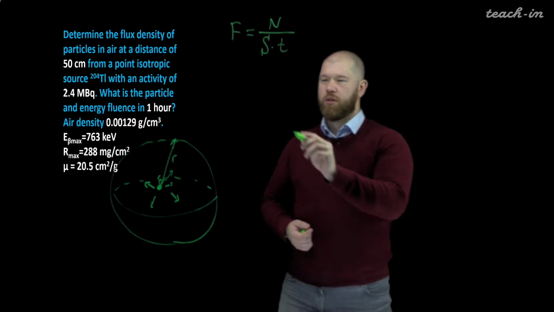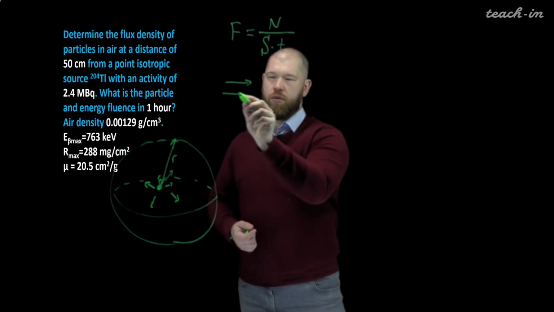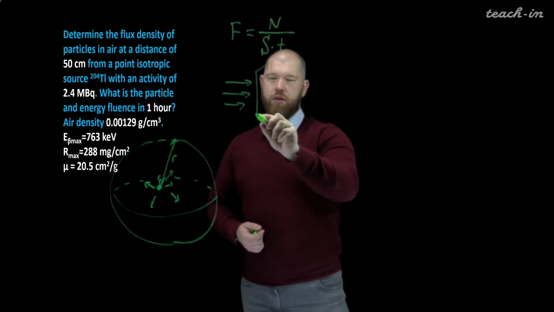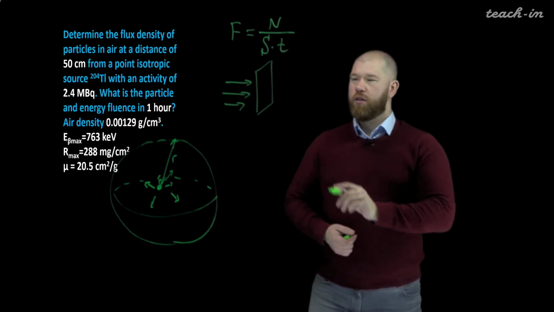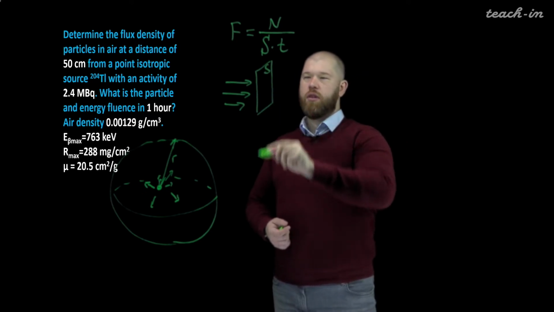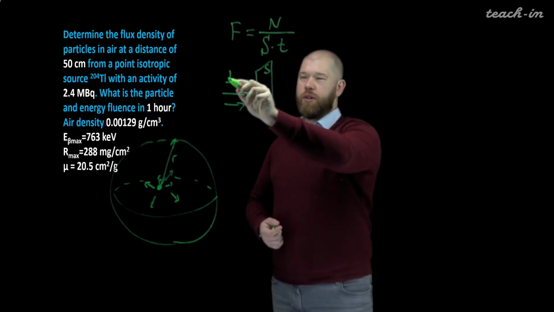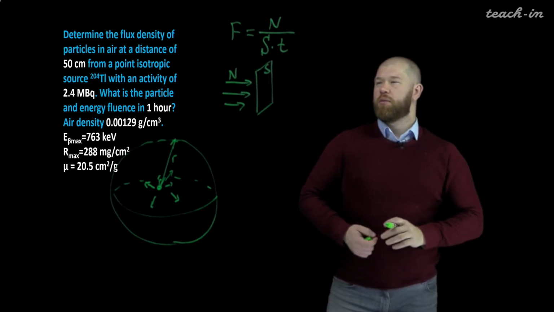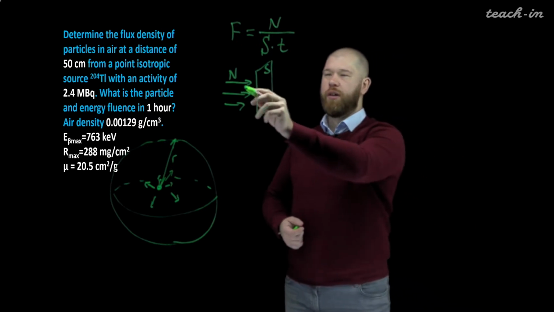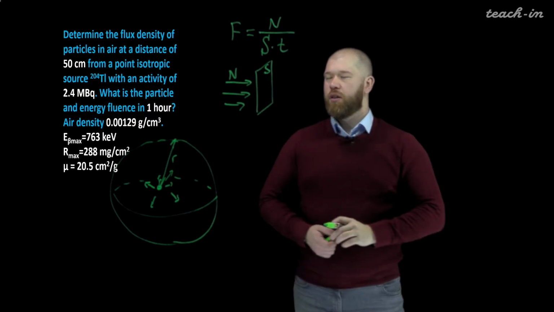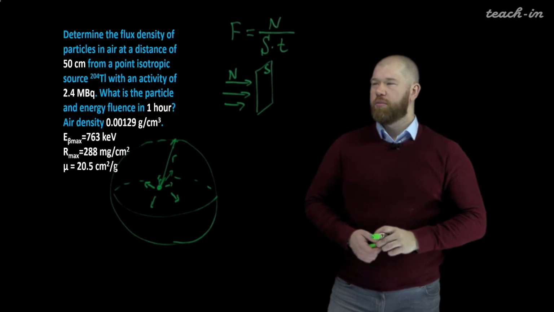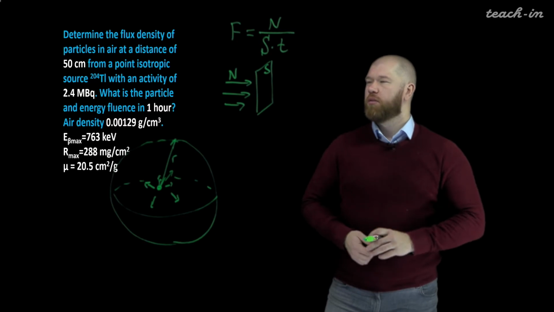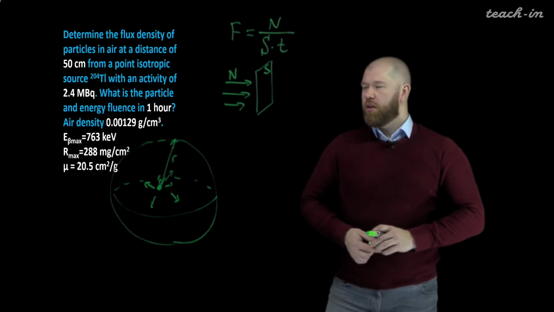So if it would be just a parallel flux of the particles, and we know some area of the surface and we know the number of particles, then the flux density will be simply the number of particles divided by this surface area and divided by time. So per second or per hour or per minute or other times.